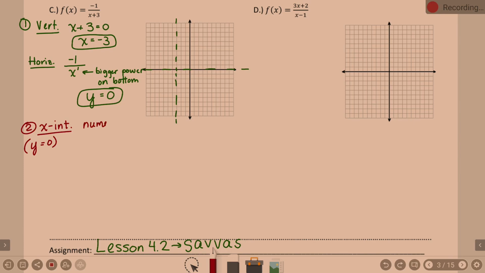What is my numerator? -1 equals 0. It's just a not true statement. There's no x in that statement. So this means that there is no x-intercept. Now, in all honesty, that makes sense because the x-axis is an asymptote. So that's not surprising at all.